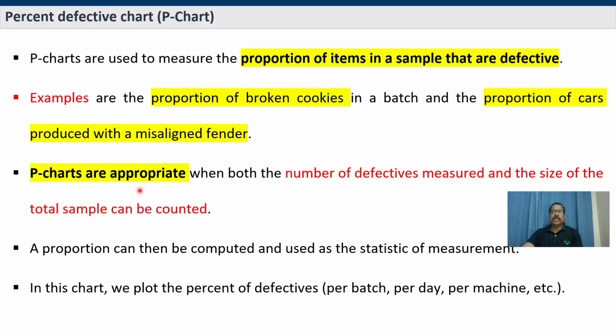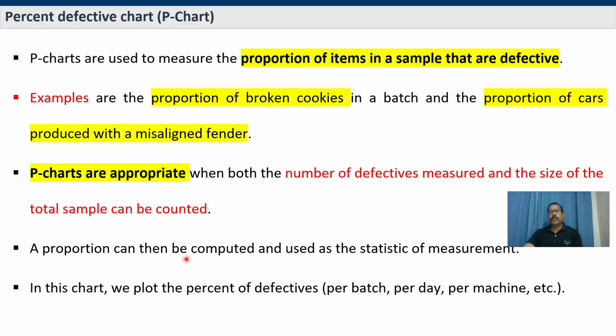P charts are appropriate when both the number of defectives and the size of the total sample can be counted. For example, for cars with a misaligned fender, you count the total sample you are taking and also the number of defective cars. If you can count both, then it is better to go with the P chart.